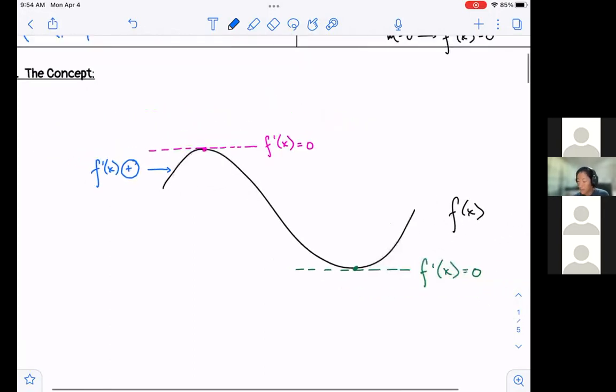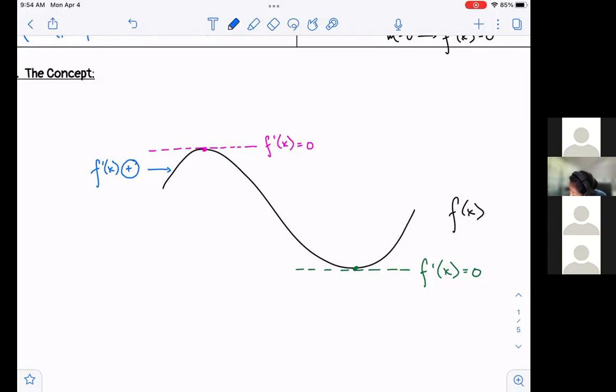Where else on this graph could I say that the slope is positive? Yeah, the right side of the green, precisely.